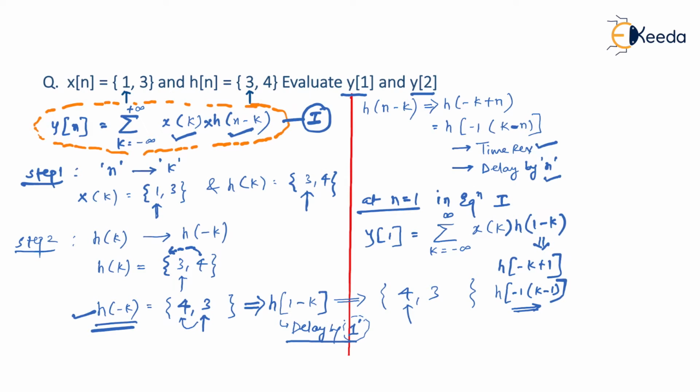What we want to do with this is multiply it, right? So let me remind you, what is x of k? x of k is 1 comma 3, and h of 1 minus k is 4 comma 3, and we have an arrow mark here.